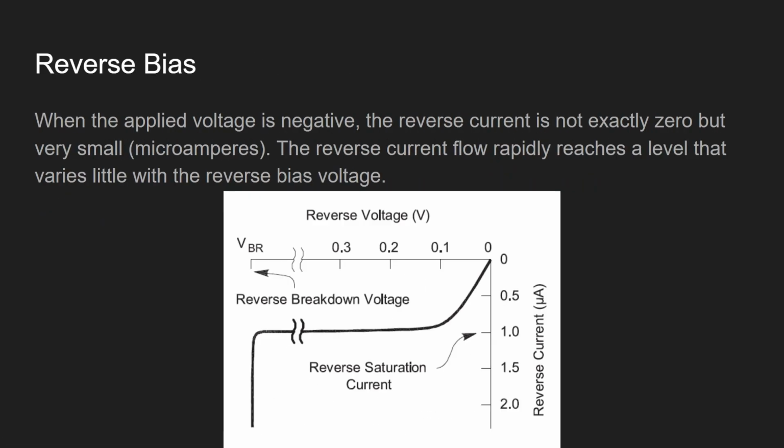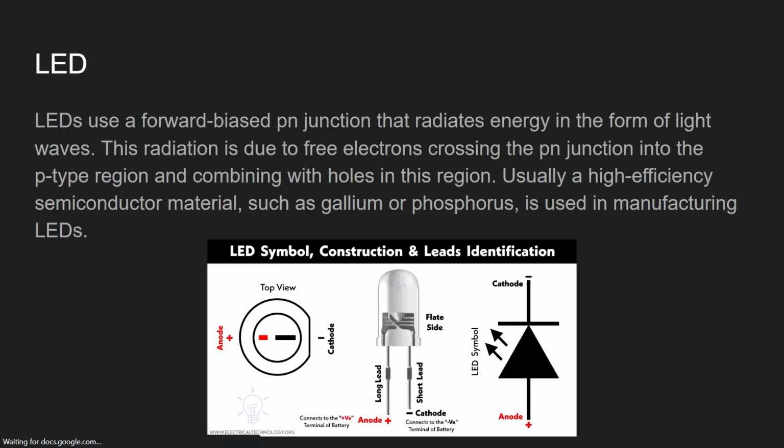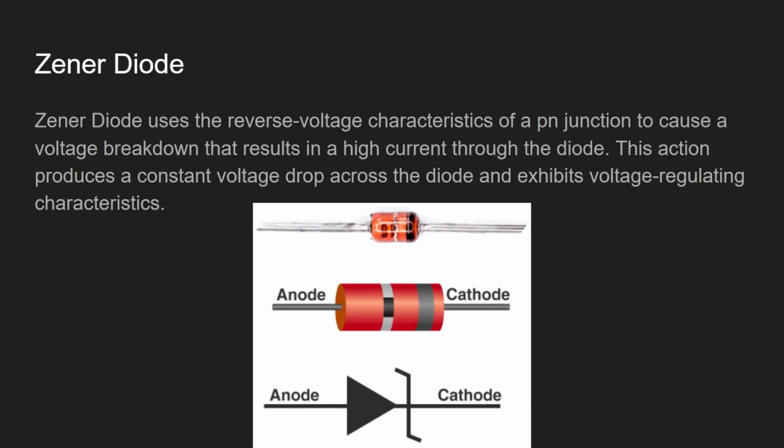Even if we give a lot of voltage to it, the current remains near zero before it breaks down. Of course, we can't give it a very large voltage, right? If we give a very high voltage, all the stuff will break down.